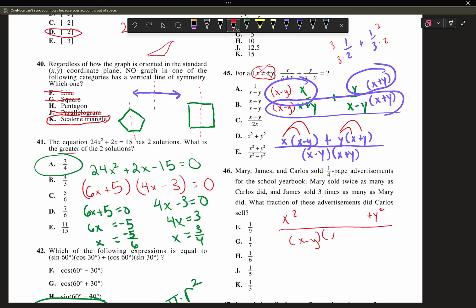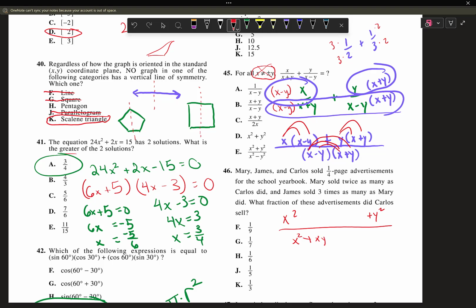I don't think that's quite a choice. They really want you to choose D, but it's not D because we have a common denominator. It looks like we're going to have to multiply out our denominator. So that's going to give us x squared, and let me do it up here to save some space. x times x is x squared, plus xy.